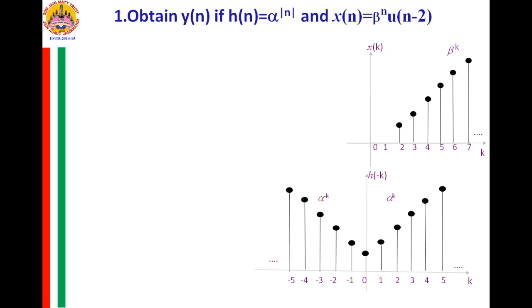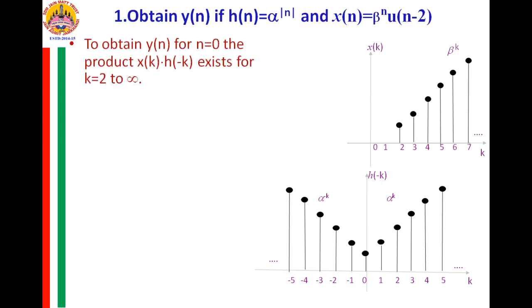Now once we have h of minus k and xk, we have to proceed ahead with the convolution, as this convolution exists from minus infinity to plus infinity. For n less than 0, we have to go on shifting this h of minus k towards the left side, and for n equal to 0, you observe that we multiply xk with h of minus k.